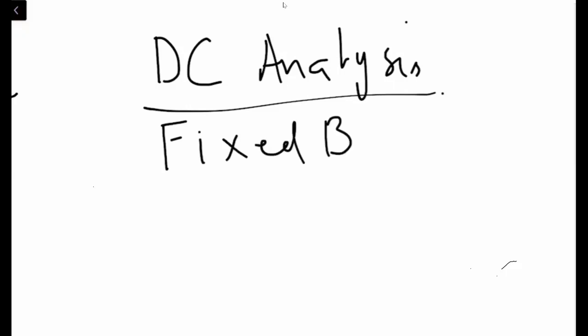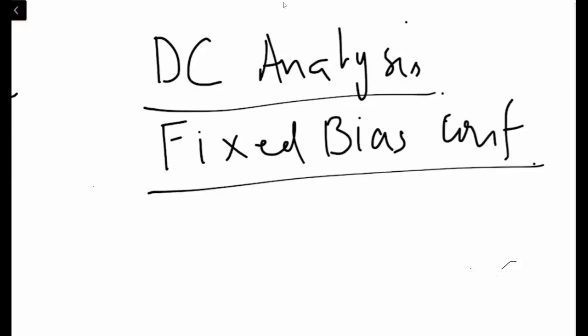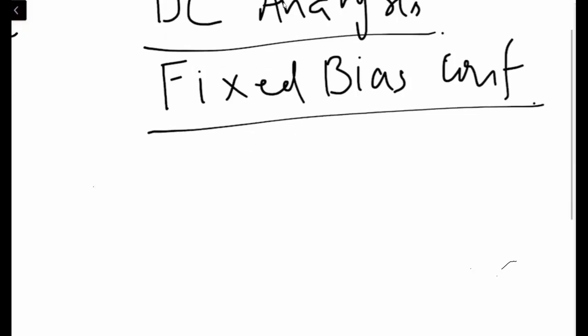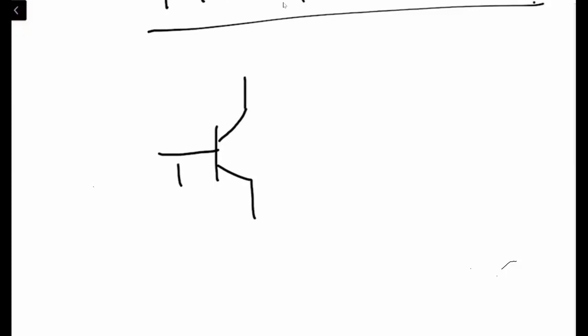Fixed bias configuration circuit. Now, in the fixed bias configuration circuit, we have a circuit in which we have a transistor, as you know, with the base, the emitter, and the collector.